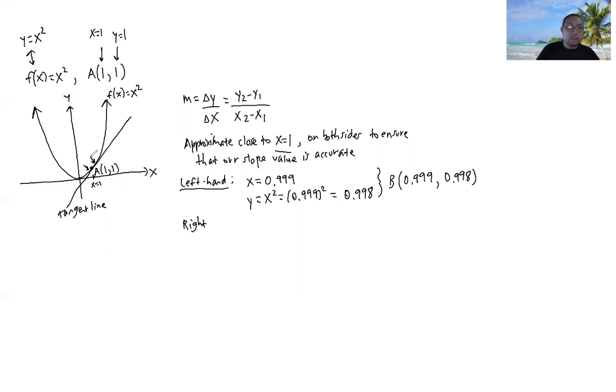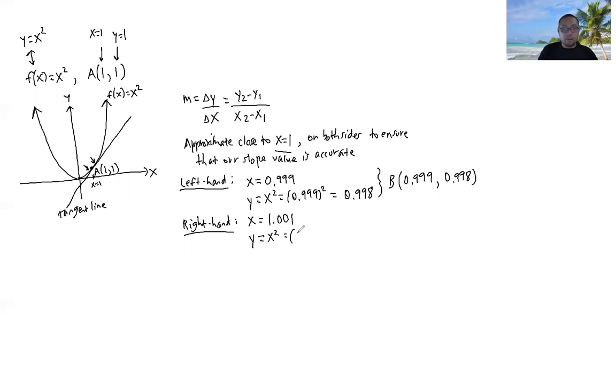Now let's see the right-hand coordinate that we're going to choose, okay? So similar approach, you want to choose an x value that's super duper close to 1, but not 1. So for this, we're going to do 1.001, okay? And same thing, our function says y is equal to x squared.